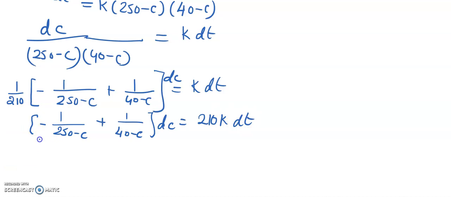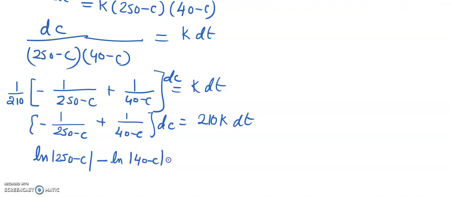So we can now integrate both sides. So this will be log of (250 minus C). The negative sign from the minus C will be combined with the negative sign outside, so it will be plus. And this negative sign of minus C will come out from here.